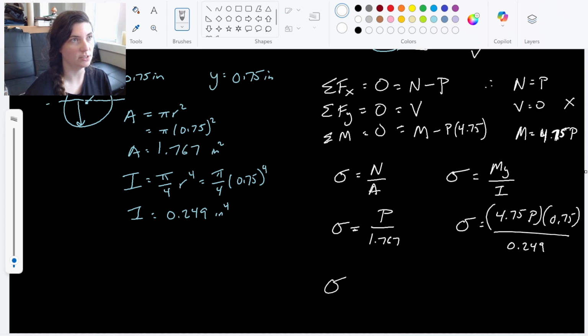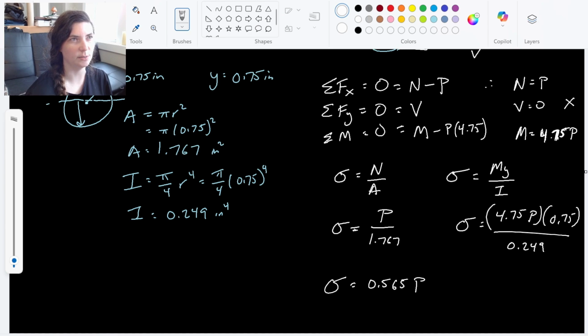Okay, so all we do is to get our overall normal stress. I'm going to simplify this. So instead of 1 over 1.767, I'm going to make this 0.565. Same value, just written as a different coefficient.